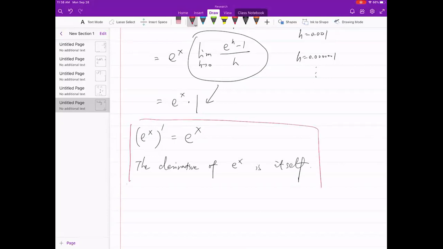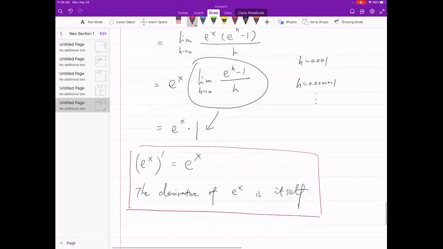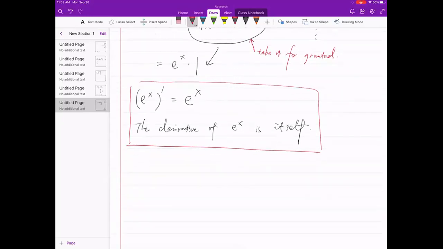We can't give you the proof, and the reason is because we don't know the limit of this. So we take it for granted. That's a pretty easy fact to memorize, so we don't have to talk too much about it.